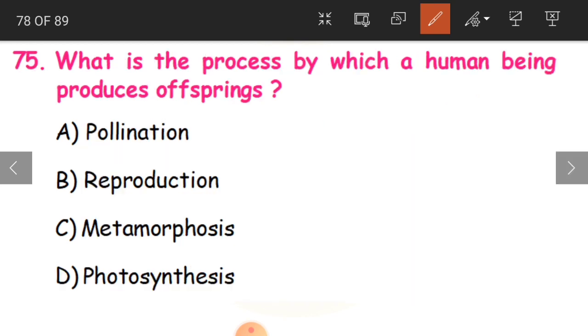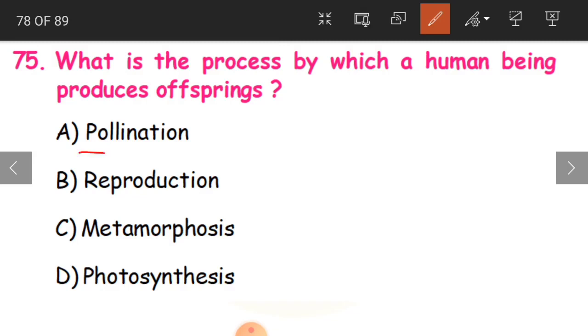Now, 75th question, children. What is the process by which a human being produces offspring? When a human being is producing their own children. Offspring is nothing but their children. So what is this process called, where a human being produces their child?